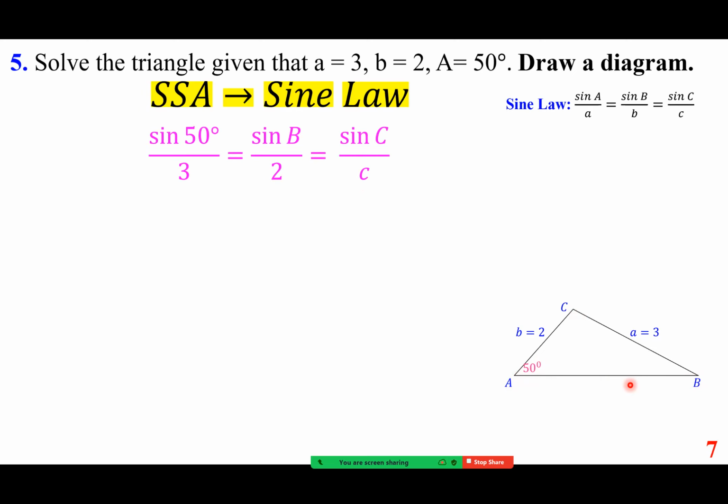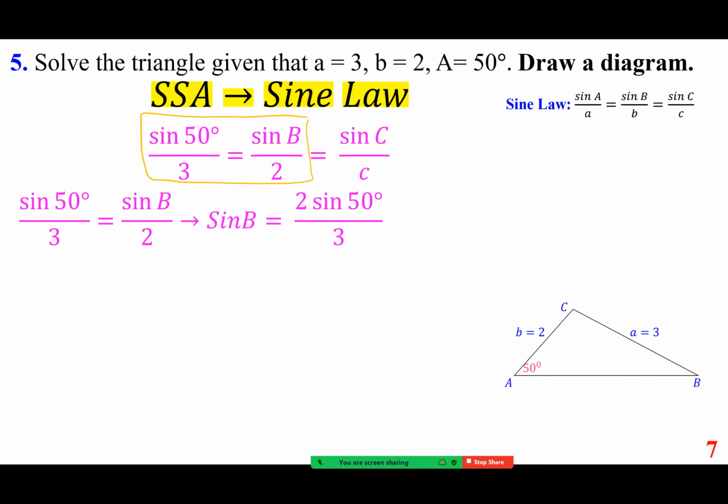And what we have is this part, and therefore we can find the B. So let's use these 2 fractions and do the cross product to get to sine B. So sine B is 2 sine 50 degrees over 3.